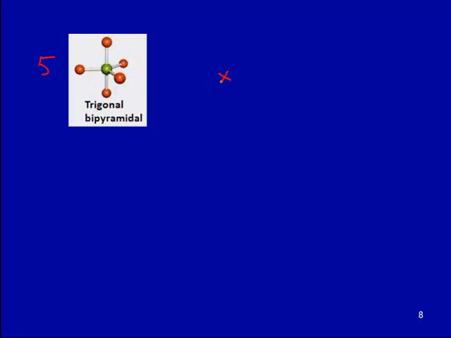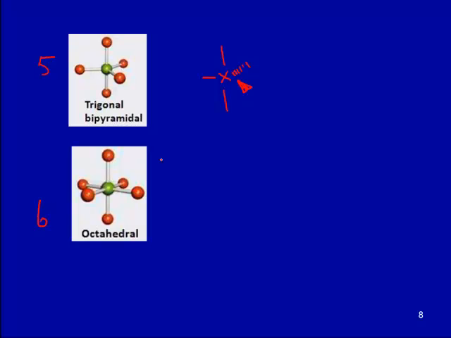and we usually draw it in this way. They're on the same plane. Now we have one going inside, the other one coming out. And if we have 6, we'll have what we call octahedral. We draw octahedral like this, and you can have X, one this one, this one, and the one on the bottom.